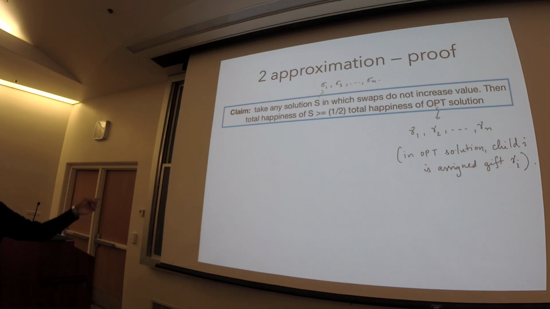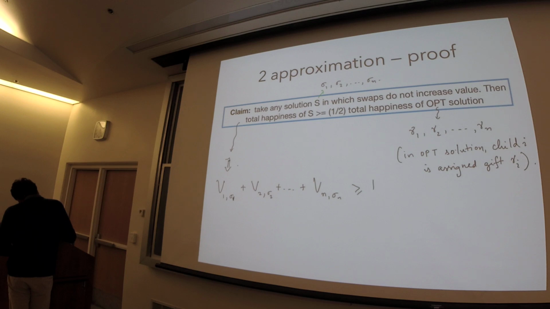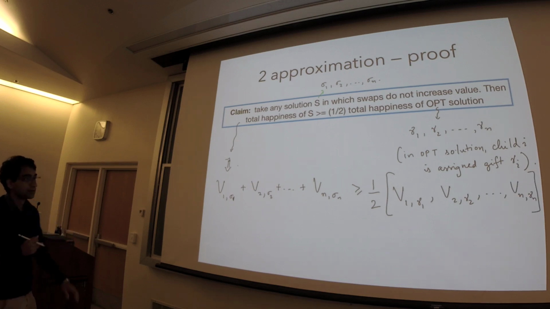Now I claim that I can proceed exactly as before. So what would I like to show? The claim, translated into notation, is equivalent to saying that V1 sigma 1 plus V2 sigma 2 up to Vn sigma n is at least half of V1 gamma 1 and so on.